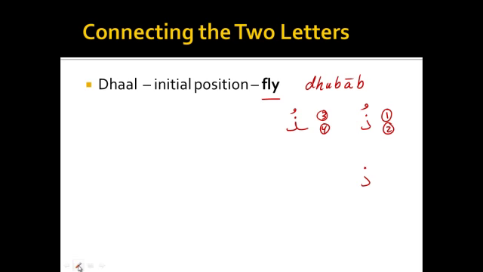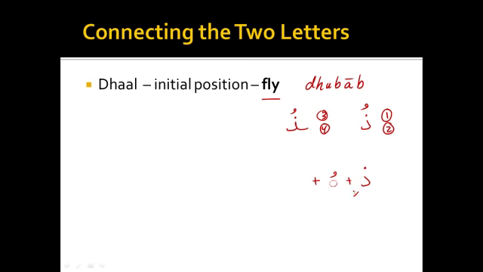Okay. Come back. So instead, we're going to write, and again, if we have our representative of letter and our Damma, dhu. Now you hear a ba sound. Dhubab. And that's a ba. And now does the ba connect to the dhaal?